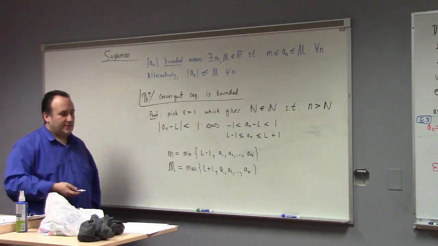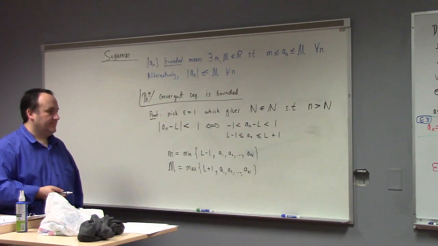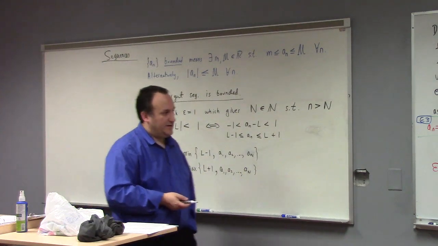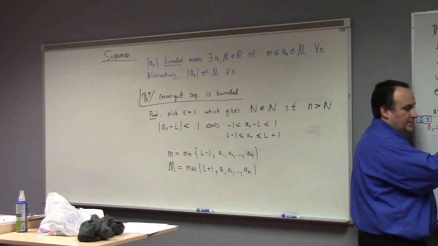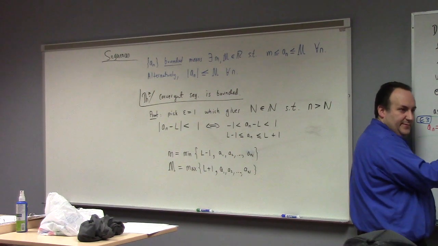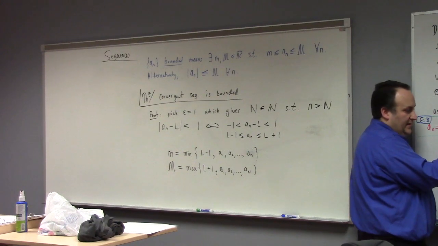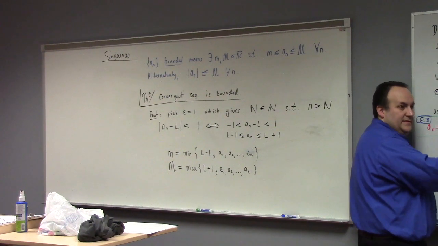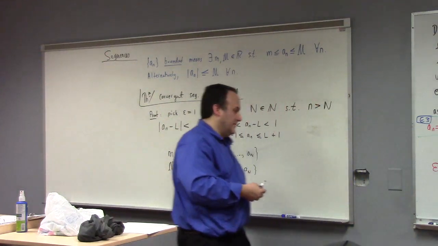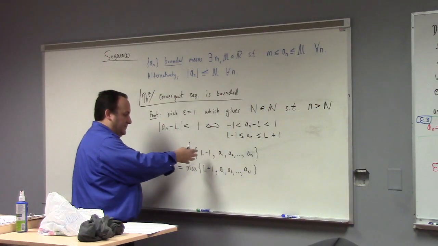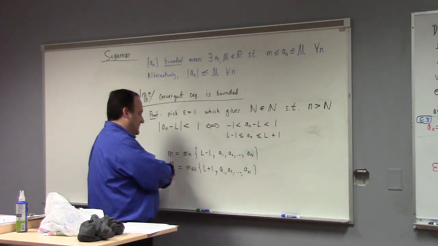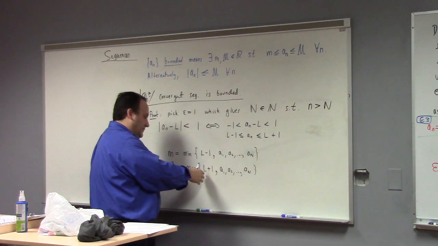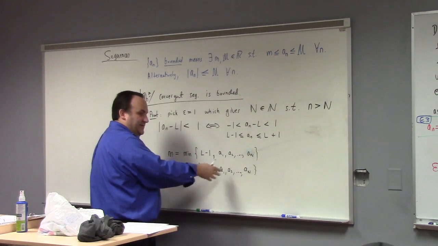So in my example 3, this was a convergent sequence. It was bounded, right? My L plus 1 would have been 3, L minus 1 would have been 1, and since N equals 1, this construction would just have looked like the minimum of 1 and the first thing, which was 3, and the maximum of 3 and the first thing, which is 3.